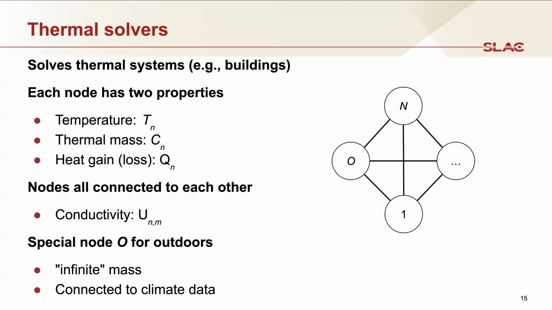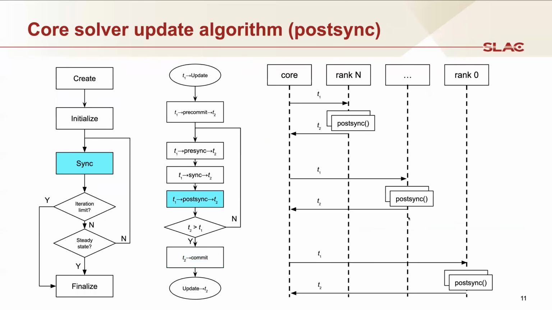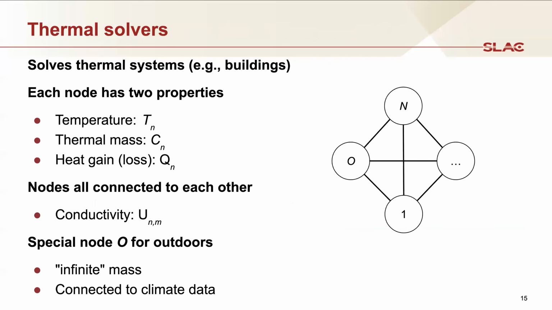In general, the way we define a building model is we have an outdoor node, which has the ambient weather conditions that the building is exposed to, and then one or more nodes inside the building. Generally, we have a minimum of two nodes, one for the mass and the other for the air. But for larger buildings, we may have more nodes than that. Each of the nodes is connected with conductivity.